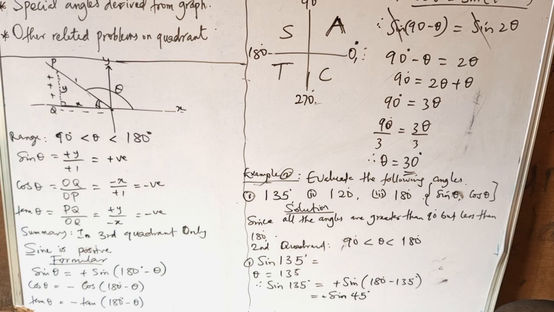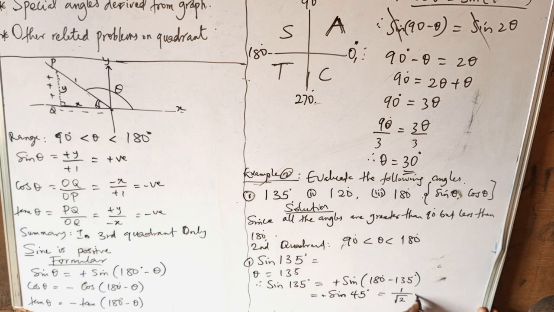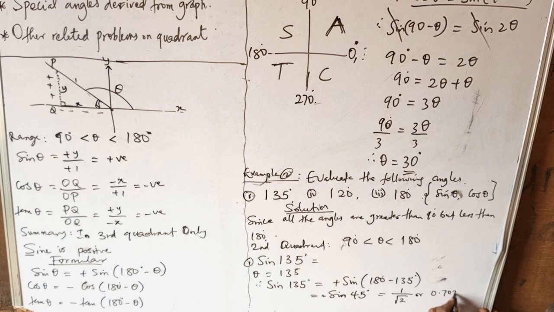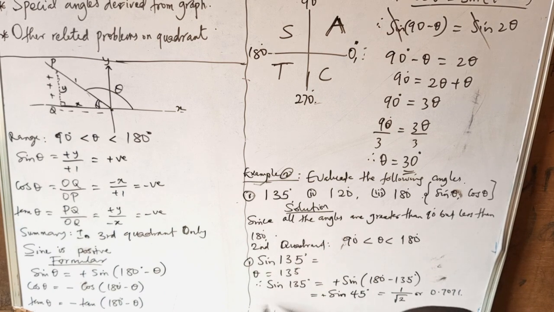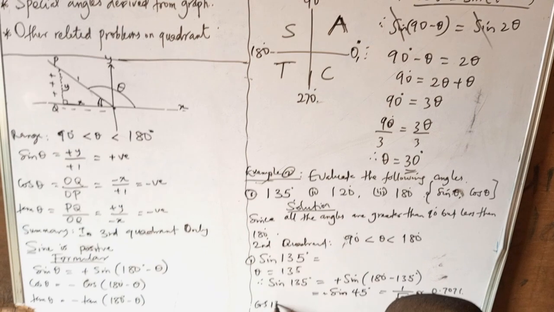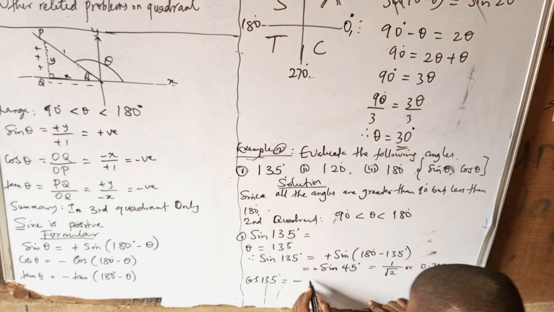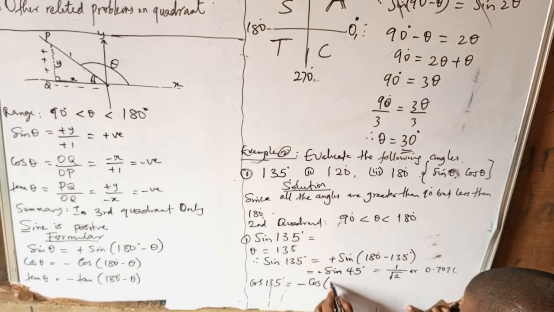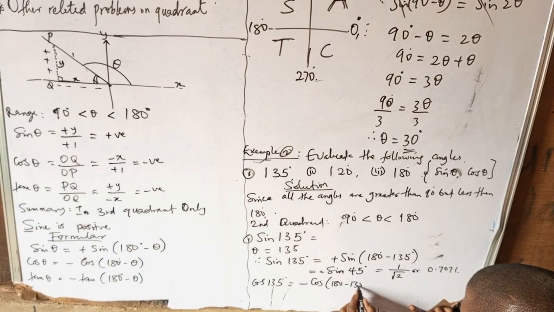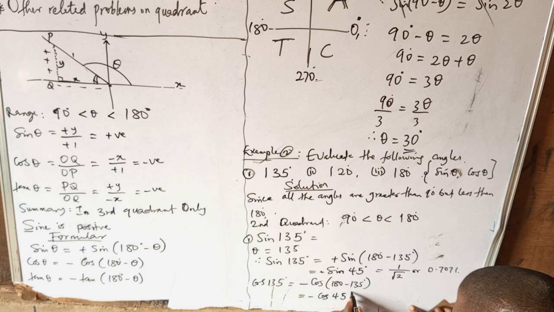So that is the equivalent. And our sine 45, based on our previous knowledge, which I will still revise, is 1 over square root of 2, or 0.7071. Then similarly, if I'm to take the cosine of that angle, cos 135 degrees is the same as minus cos into 180 degrees minus 135 degrees, which gives me minus cos 45 degrees.